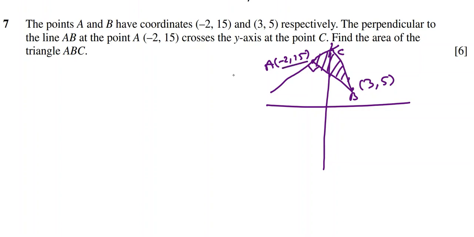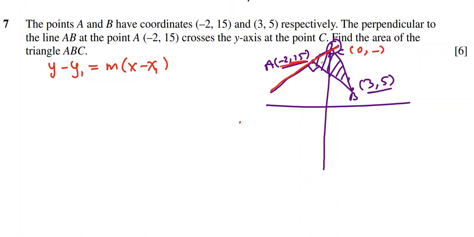If we know the coordinates of all three corners, we can find the area easily. The only one left is that we don't know the coordinates of C. So we need to find the equation of this perpendicular line to find the y coordinate of this point C. The equation of a line is y minus y1 equals m times x minus x1.